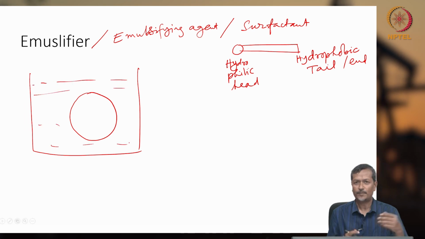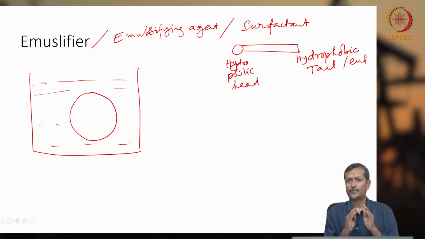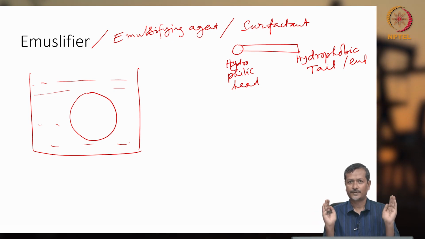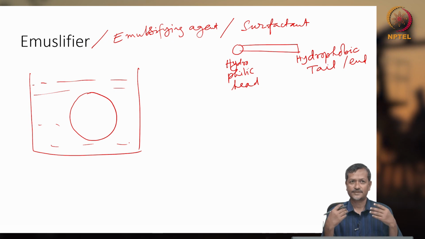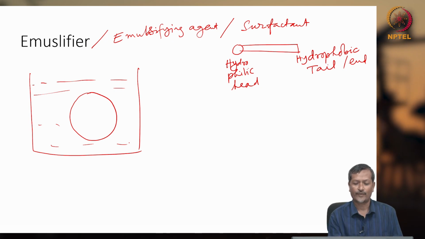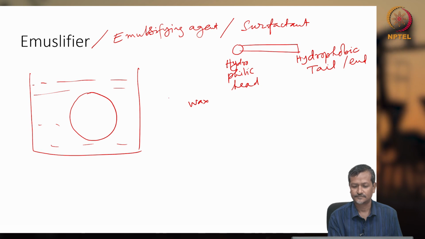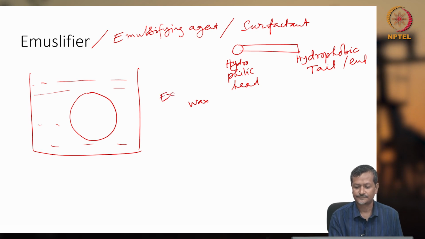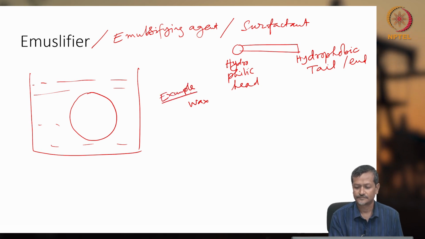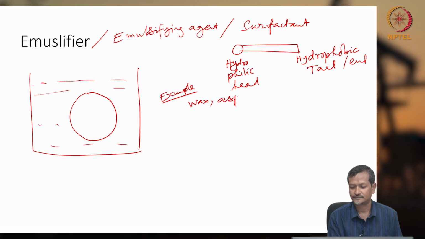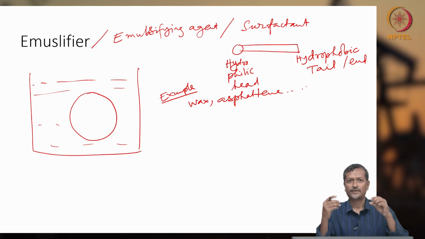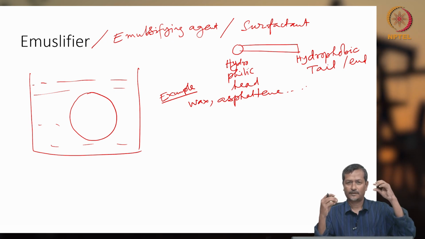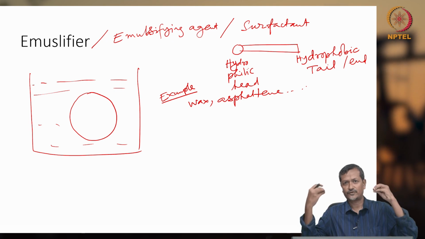Okay, now normally oil particle and water particle will not mix because these are different fluids with different properties. Now if you have some surfactant, for example wax, asphaltene, and many others, these normally have polarity, like one hydrophilic end and one hydrophobic end.